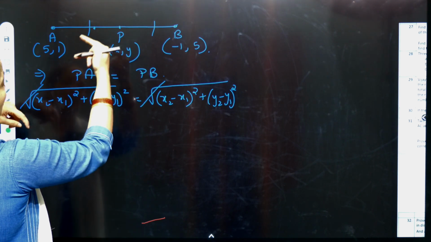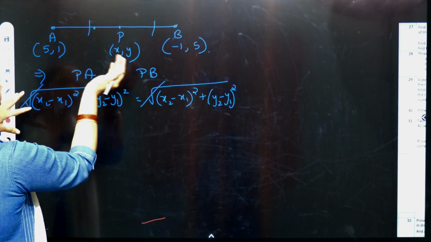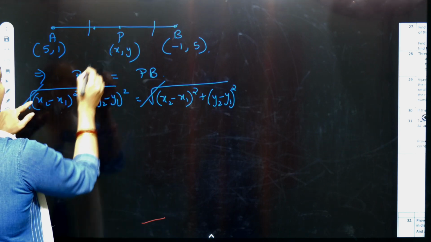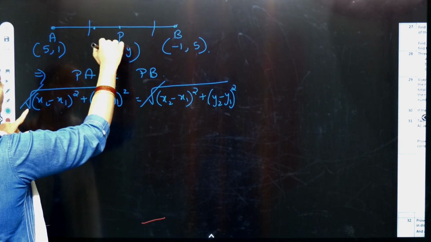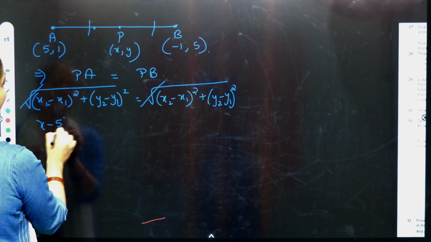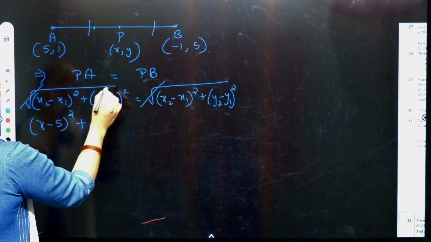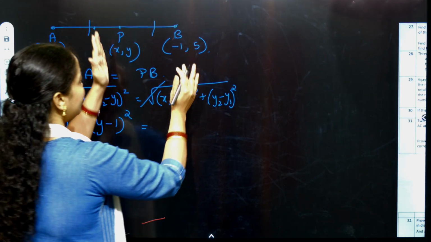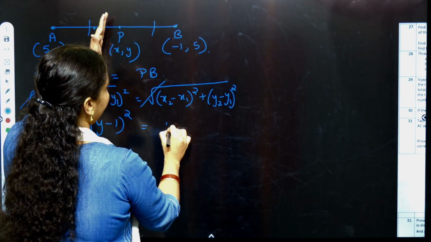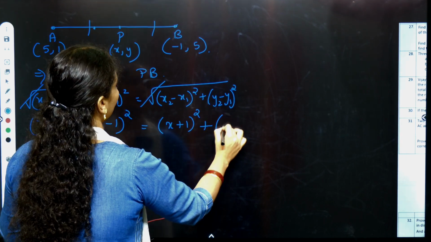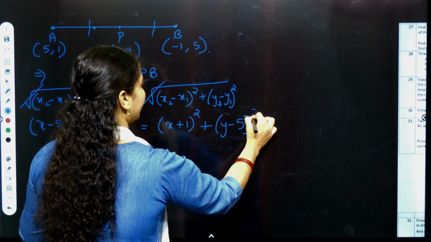Now let us apply what x2 and x1 are on the PA part and on the PB part. I will consider the point P to be the second abbreviation. So this will be (x minus 5) the whole square plus (y minus 1) the whole square. Considering PB, this will be (x minus of minus 1, that is plus 1) the whole square plus (y minus 5) the whole square.